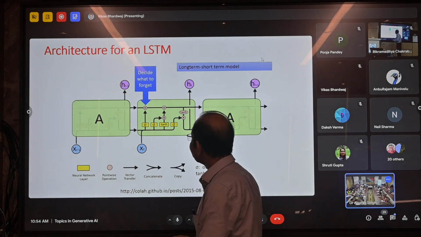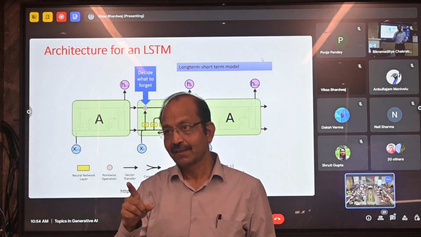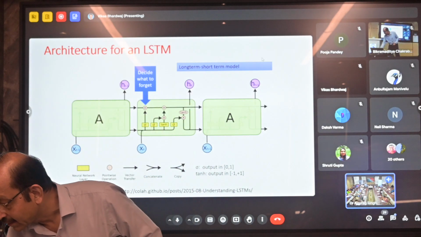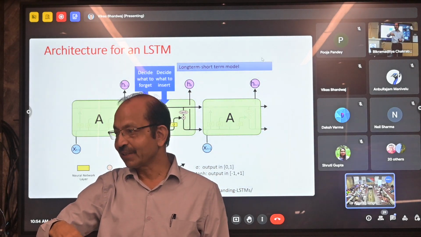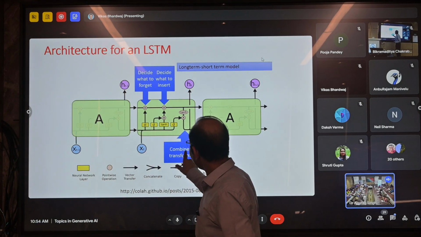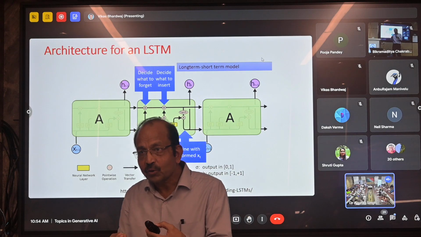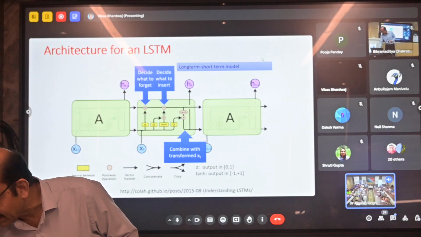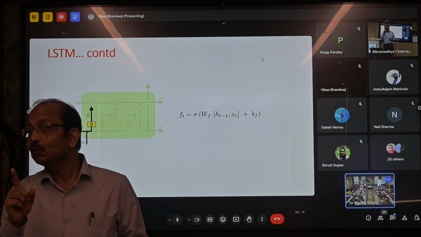This part is doing the job of what to forget, meaning which content you need to forget. Then it is important what to insert. Then you combine this with the transformed xt, because you are getting some input at time t which is given by xt. So see how you are going to do the job of forgetting.